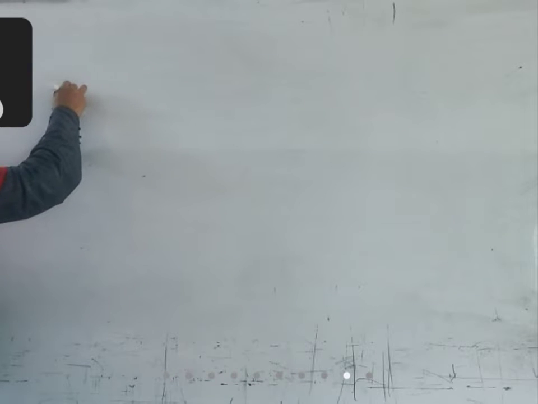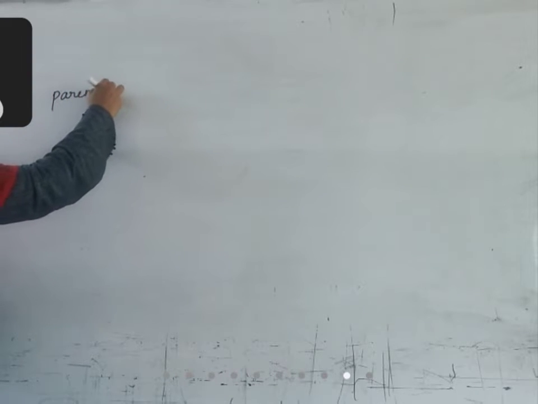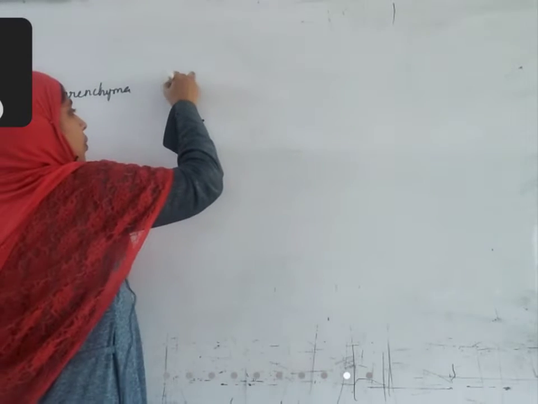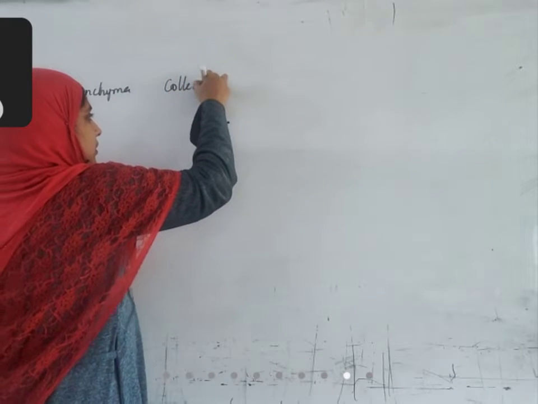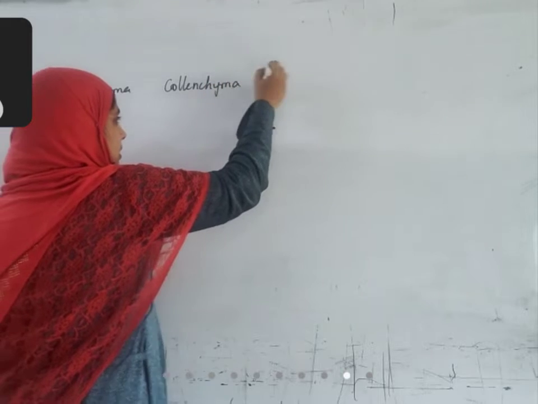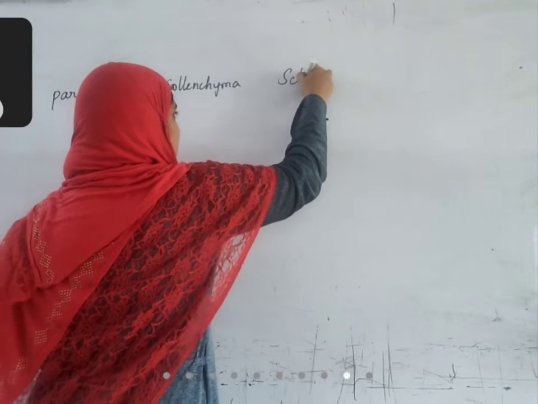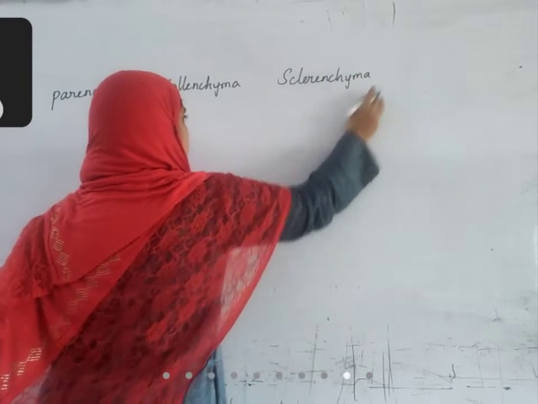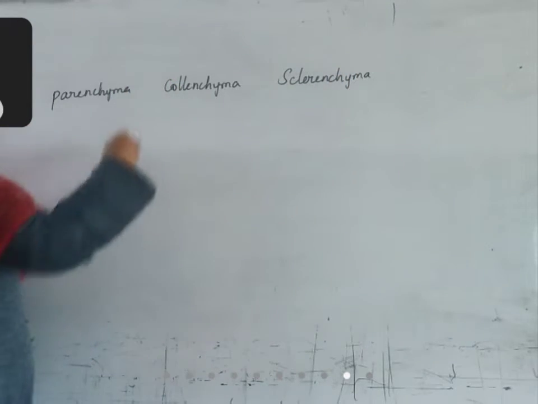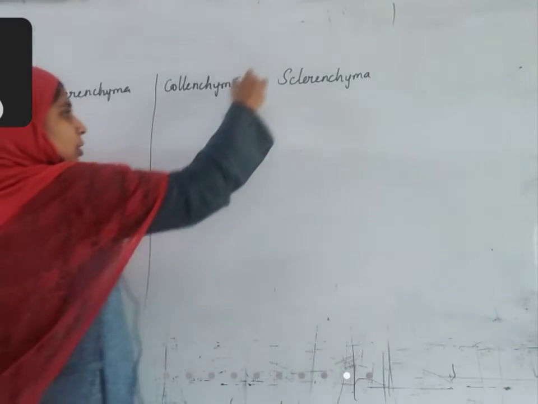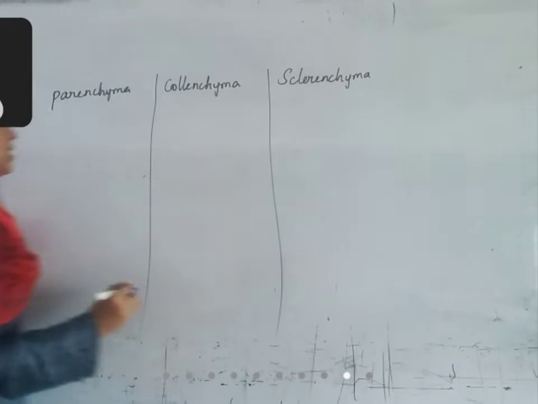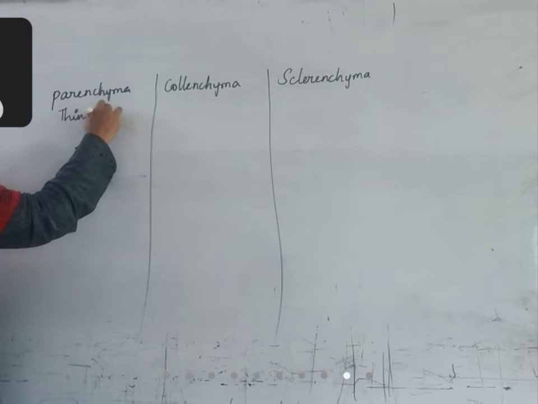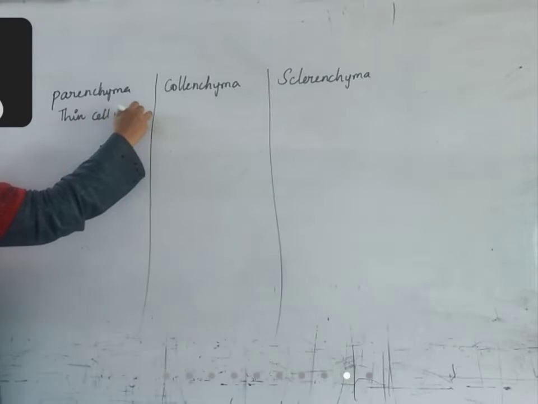Parenchyma, collenchyma, sclerenchyma. They have thin cell wall compared to meristem.